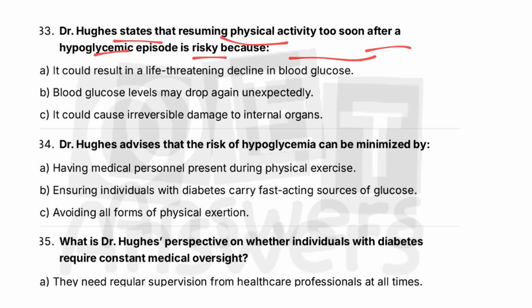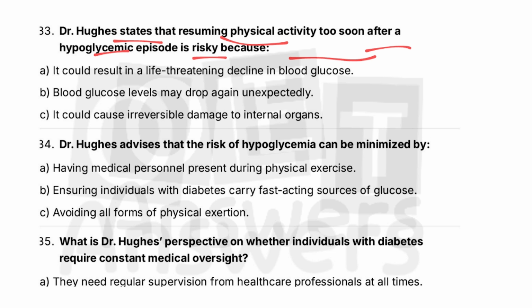Because it could result in life-threatening complications, or because blood sugar levels may drop, or because it could cause irreversible damage, you need to identify. So two things you need to consider. One is his statement, his opinion, that returning to physical activity soon after a hypoglycemic episode is risky, because, so you have to identify the reason why it is risky.